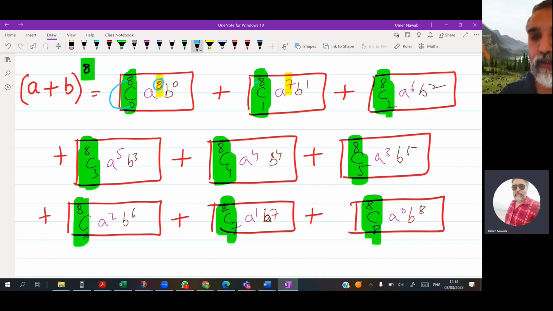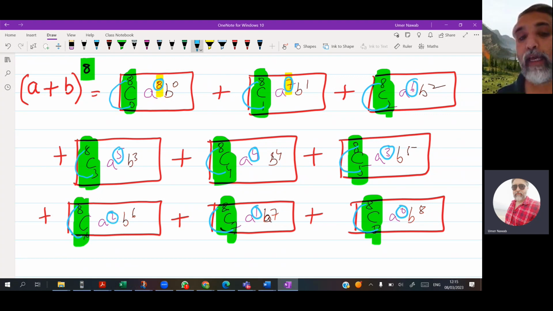It will give you 8. 8 minus 1 is 7. 8 minus 2, 6. 8 minus 3, 5. 8 minus 4, 4. 8 minus 5, 3. 8 minus 6, 2. 8 minus 7, 1. 8 minus 8, 0. Wow. So there is a connection of the first power with nCr.